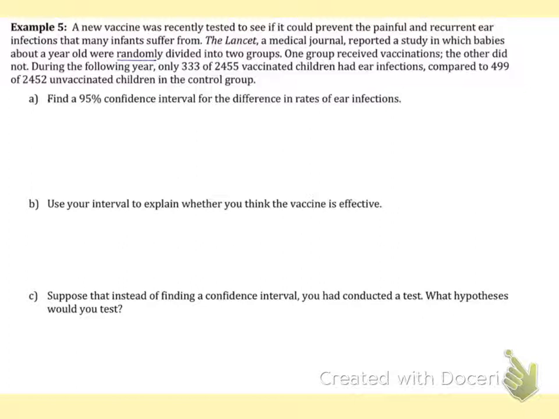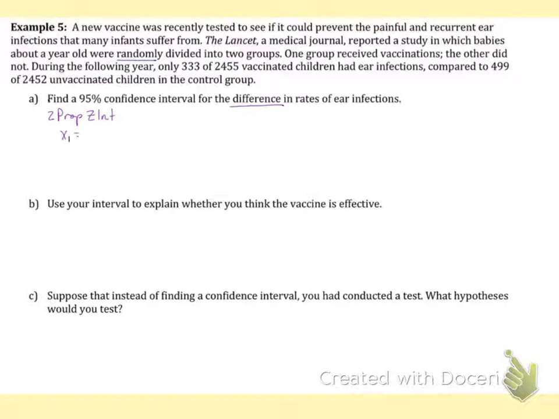So let's find a 95% confidence interval. Again, we're looking for a confidence interval for the difference. So we are going to do a 2 proportion Z interval because we have 2 samples involving proportions and we want to find the confidence interval looking at their difference. So we're going to go to STAT, TESTS, and all the way down, it's under B, to 2-PropZInt.